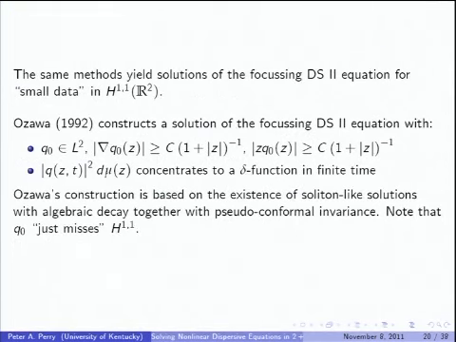Now let me talk about why H11 is a good space. And I haven't really talked about the focusing DS2 equation. There's a change of sign in the nonlinear term. For that equation, and let me emphasize that both in the case of Ghidaglia and Saut and in the case of these results, there are small data results for the focusing Davy-Stewartson 2 equation.